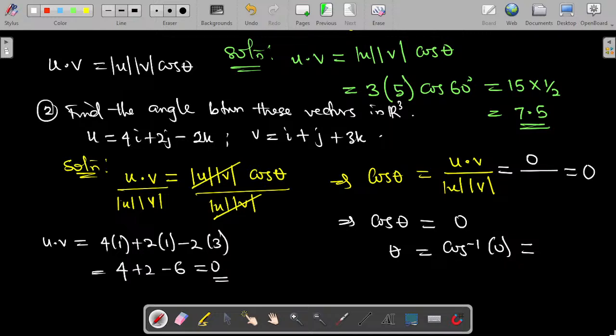It's not as though I cannot tell you even without using a calculator. I'm just trying to let you get involved. The cos inverse of 0 is equal to what?